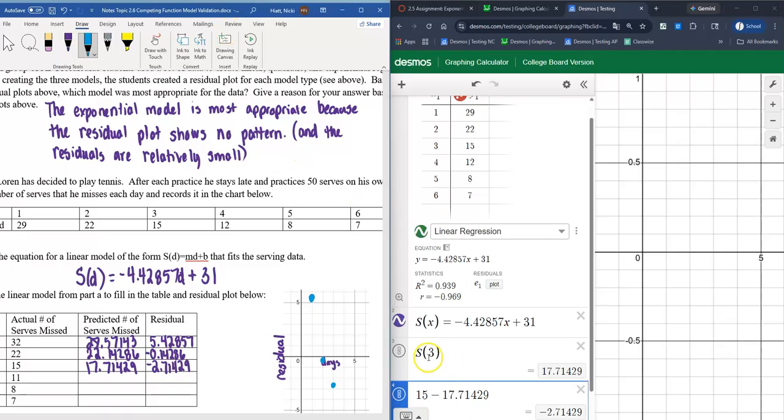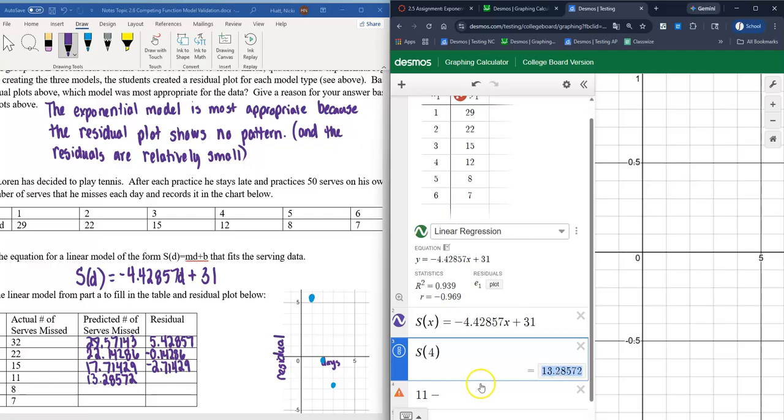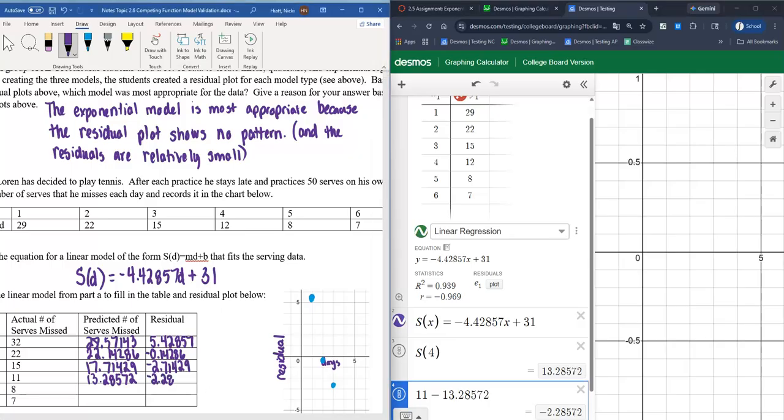Day 4, I got 13.28572. And if I subtract those, I've got negative 2.28572. And so I can graph that point at 4, negative 2.28, will be about right here.